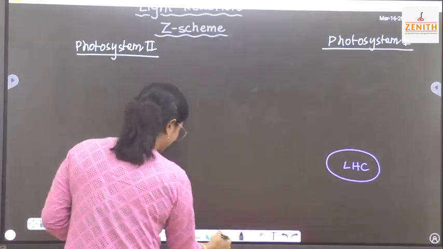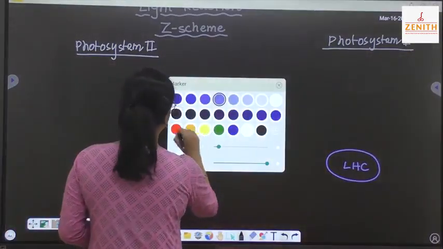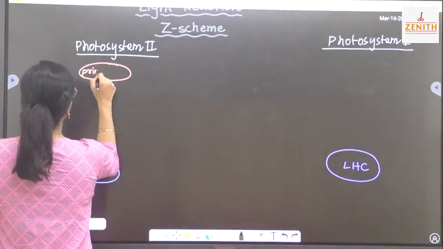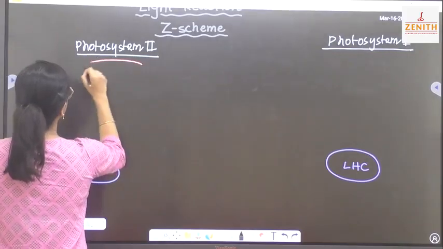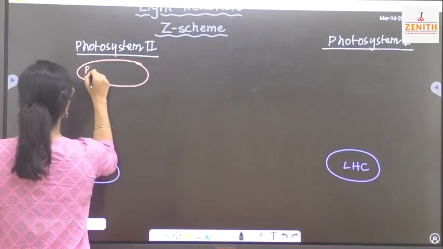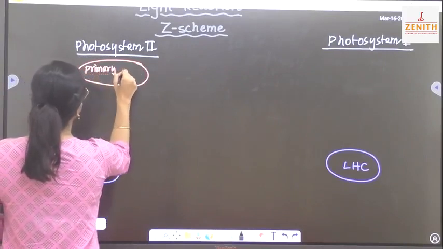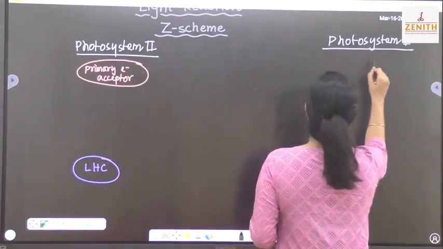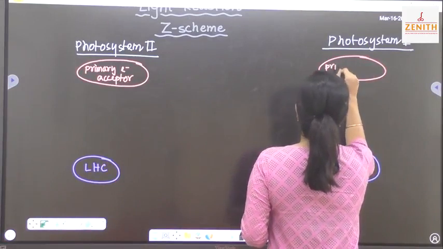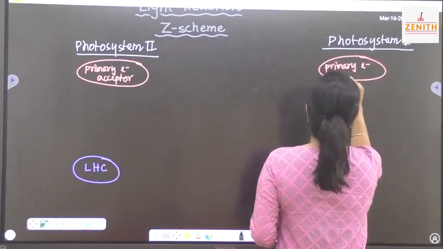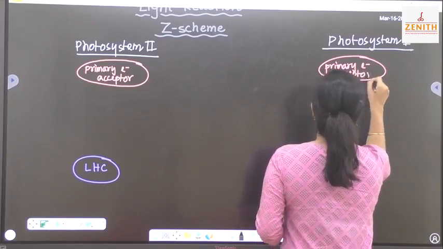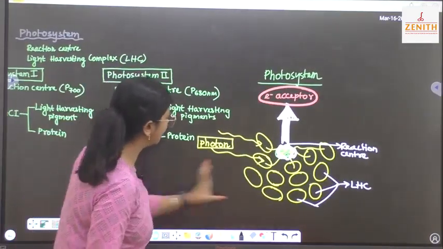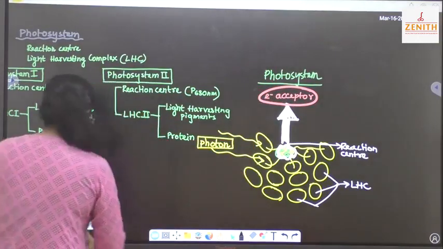The reaction center is also present there. Basically it also has an electron acceptor, the primary electron acceptor. Here is also the presence of a primary electron acceptor. So it's just the same thing we saw before, that it is made up of the LHC and the electron acceptor.